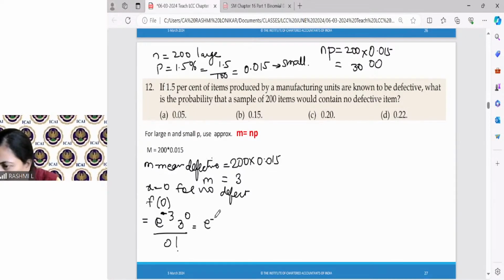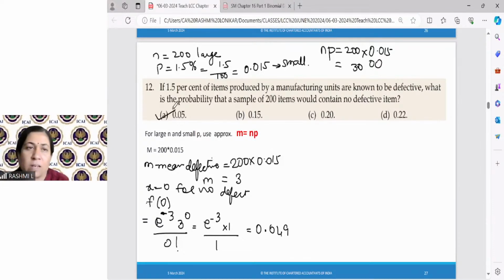So this is e raised to minus 3, 3 raised to 0 is 1, 0 factorial is also equal to 1. And e raised to minus 3 is equal to 0.049. Okay. And which will be the answer? A will be the correct answer.